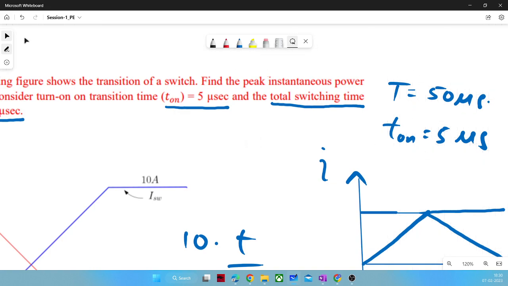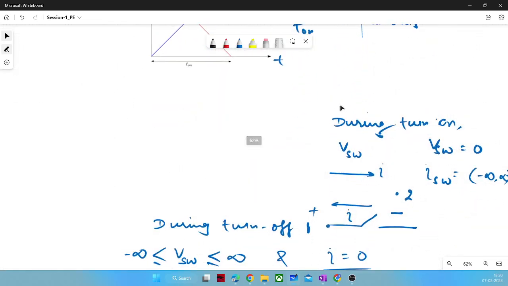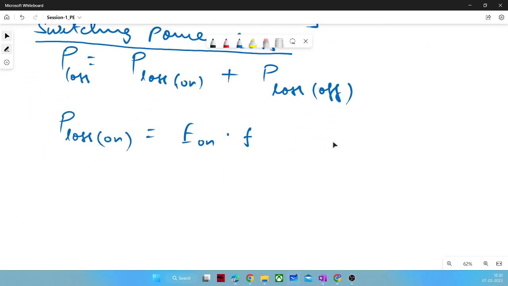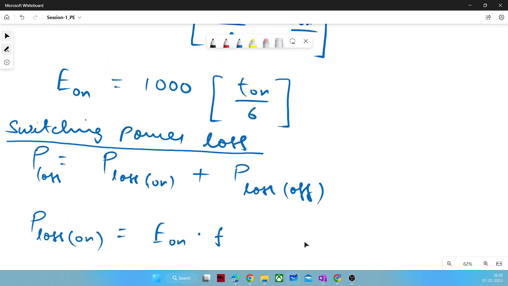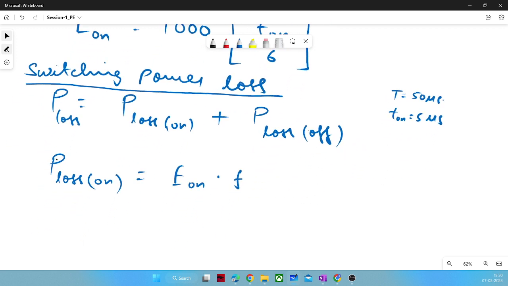So we will do it. Till now we have the lost energy in terms of T on, and T on we will plug in here as 5 microseconds, and total time period as 50 microseconds.